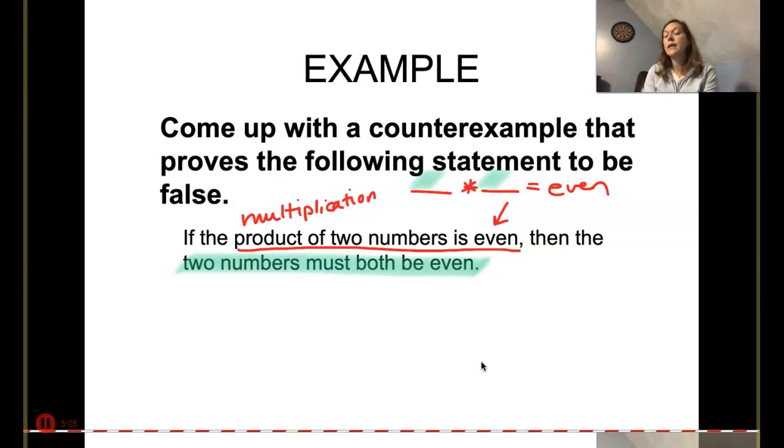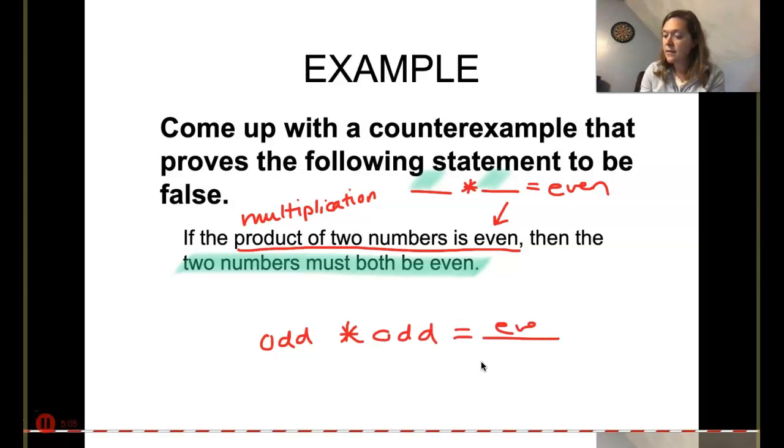So these two numbers right here must both be even. Is that necessarily true? So coming up with a counterexample, I need to come up with maybe an odd times an odd to get an even. Or maybe even an odd times an even to come up with an even answer.